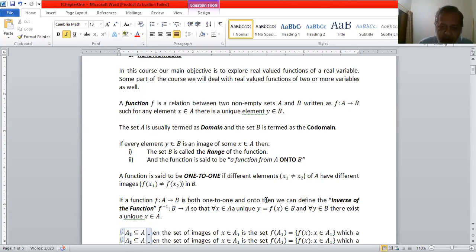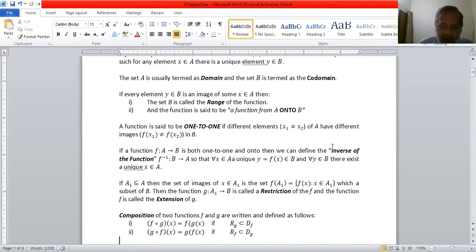If a function is both one-one and onto, you can define an inverse of a function. Hope you are also familiar with this idea. And if I consider a subset of the first set, A1, and consider the set of images of all elements of A1, I call this f(A1), that means the set of all values of the function for elements of A1.